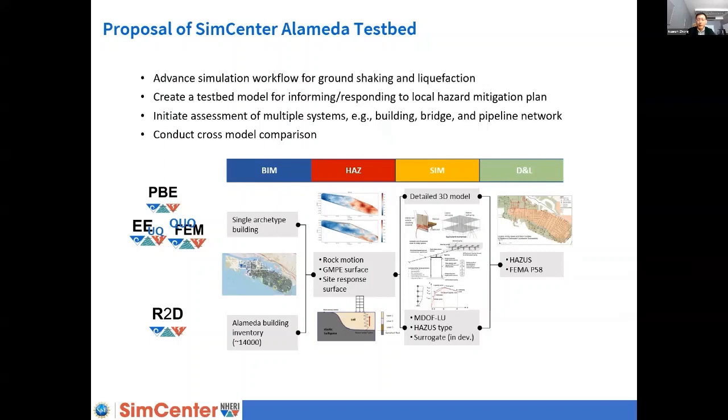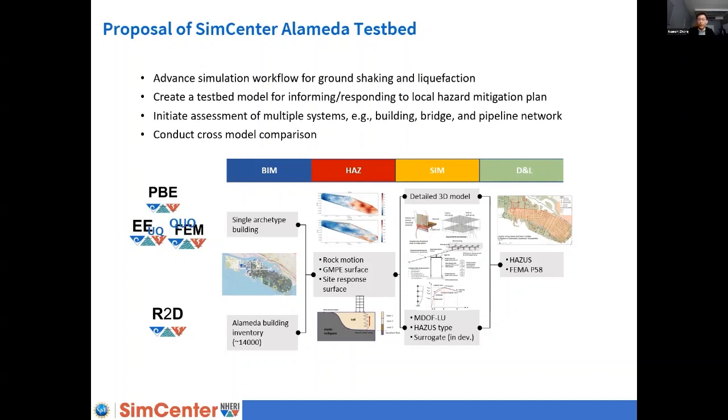We are also happy to get your opinions, thoughts, comments, and inputs to further develop an advanced simulation workflow that considers not only ground shaking but also liquefaction in the future, to create a testbed model for informing the local hazard mitigation plan, which is very important to the city of Alameda itself, but also creates a model for all the places that can learn from this example.